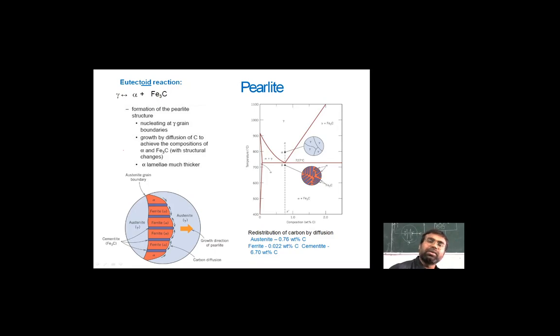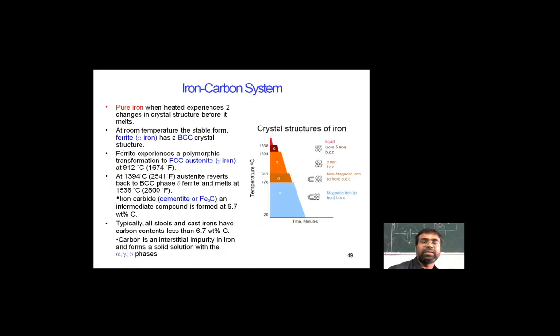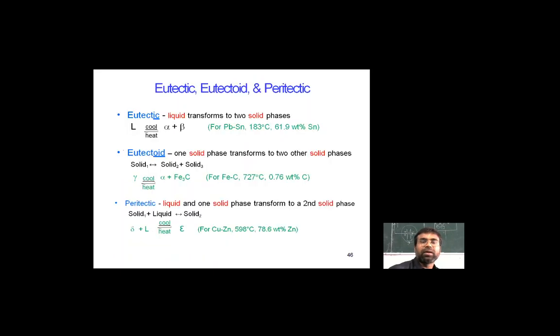In the iron carbon system, the eutectic, eutectoid, and peritectic reactions took place in the iron carbon diagram, and all three reactions have their own distinct properties, which we will show you.